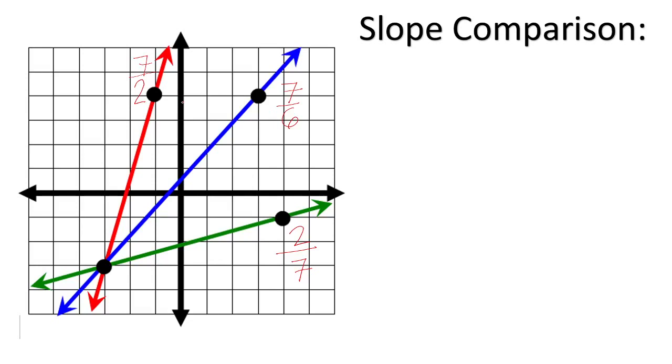Which among the numbers has the greatest value? 7/2, 7/6, or 2/7? 7/2, meaning this one has the greater slope. And this one has the least amount of slope.